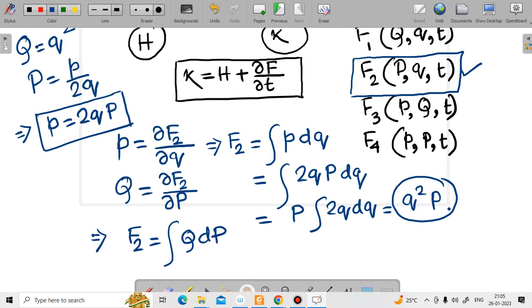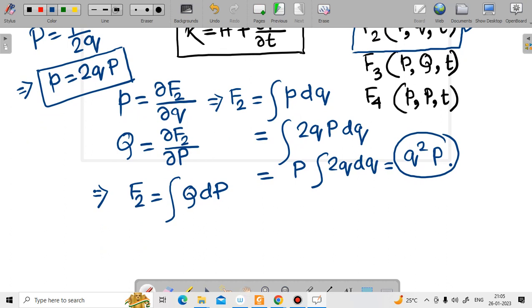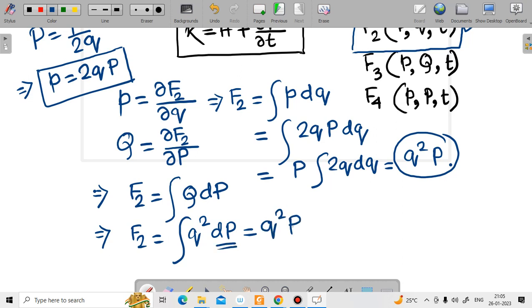Just substitute capital Q as small q square into dP. The integration is about P, so it will be q square into P. So the same result you will obtain. So definitely the answer is option number B.